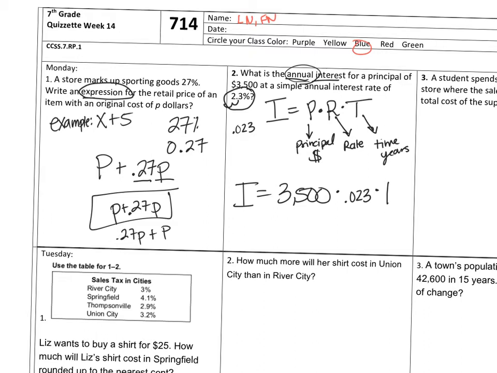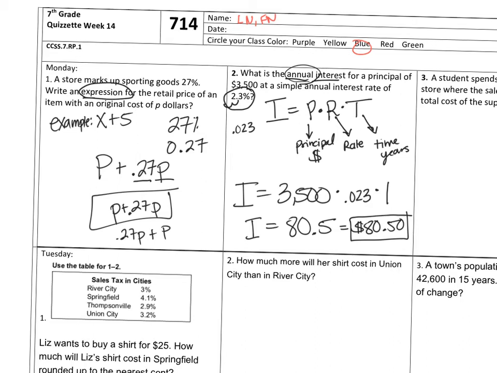So you would put that into a calculator. You don't have a calculator right now, but I have one, so I'm going to do it real quick. 3,500 times 0.023 times 1 gets me, the interest would be 80.5. Now, you know in money that just means $80.50. That would be the interest.